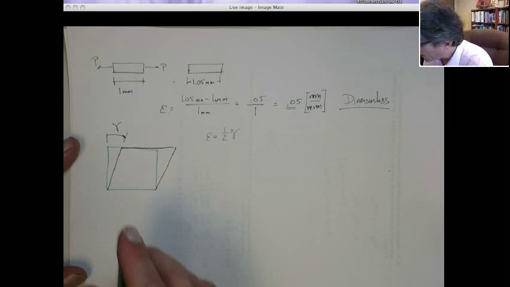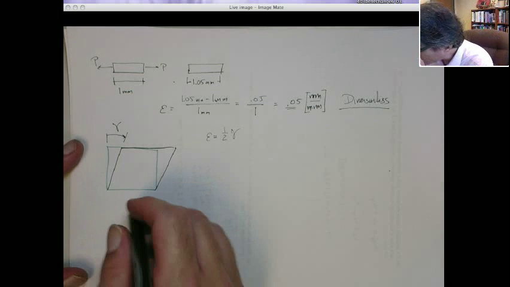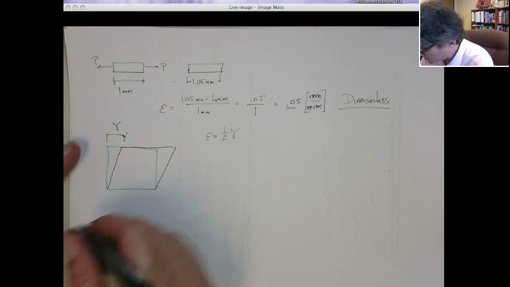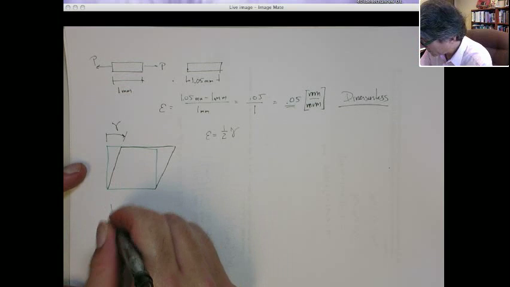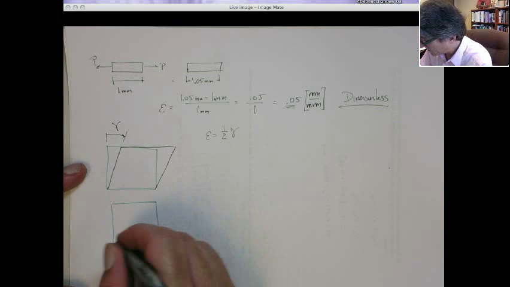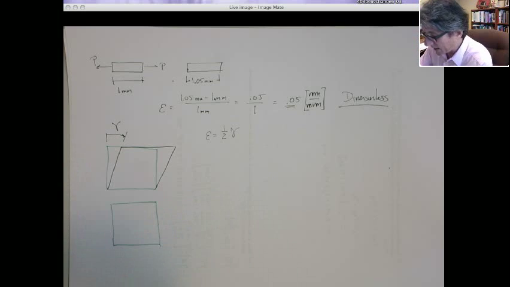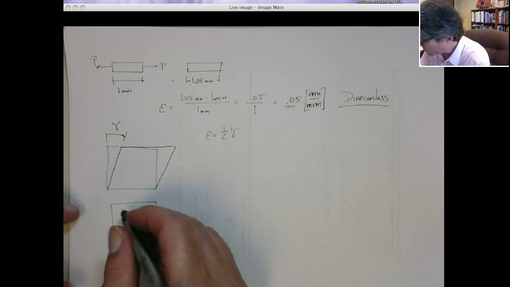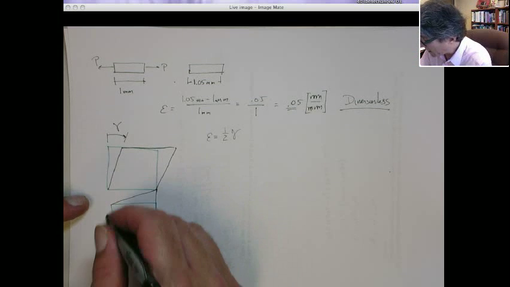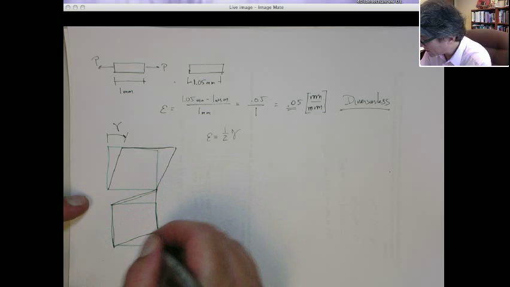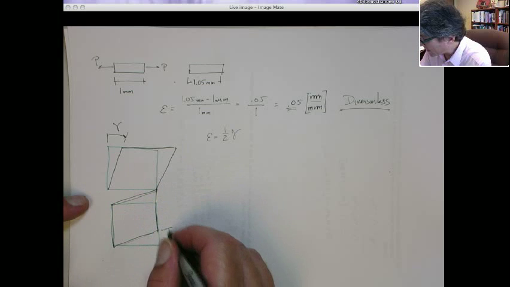Now, this could also shear as follows. Form a configuration like that, and obviously we could shear in another manner like this. When the block shears up like this, it's still this angle change gamma.